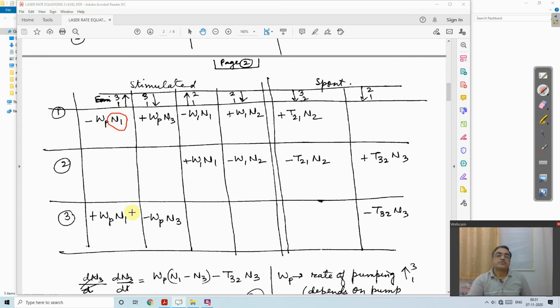Because of this action, level 3 is being populated. During the journey from 3 to 1, level 1 is being populated, you see N1, and N3, level 3 is being depleted, you see N3. And the equation here is also the same equation.